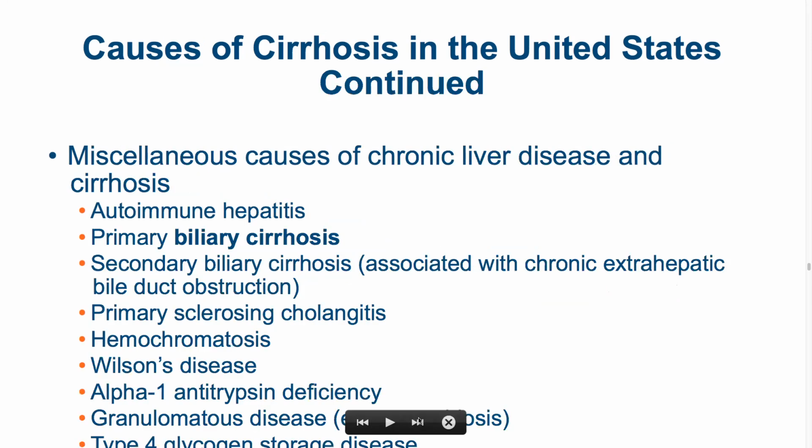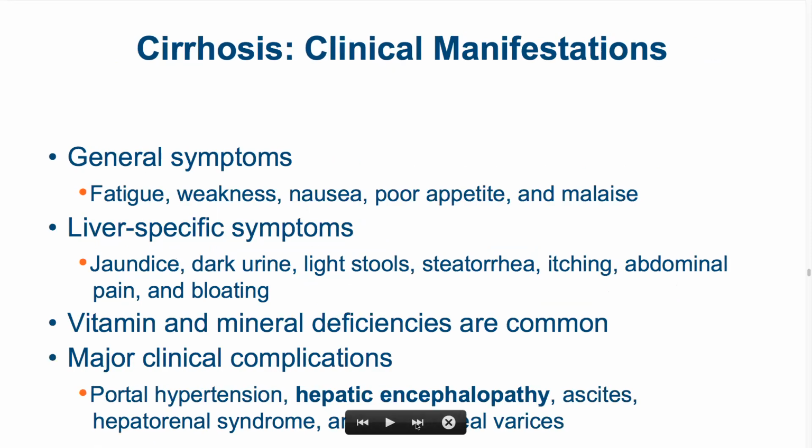Miscellaneous causes of chronic liver disease and cirrhosis are listed below: autoimmune hepatitis, Wilson's disease, type 4 glycogen storage disease, drug-induced liver disease. Please review. General symptoms of cirrhosis would be fatigue, weakness, nausea, poor appetite.